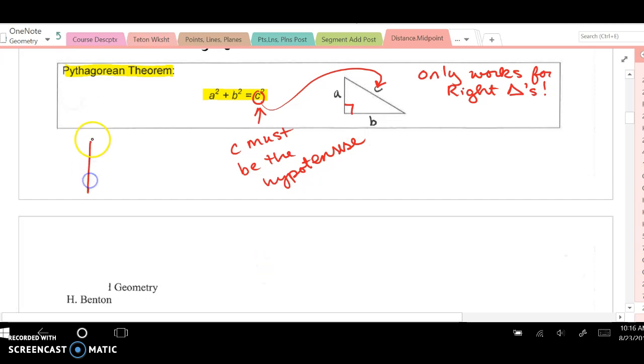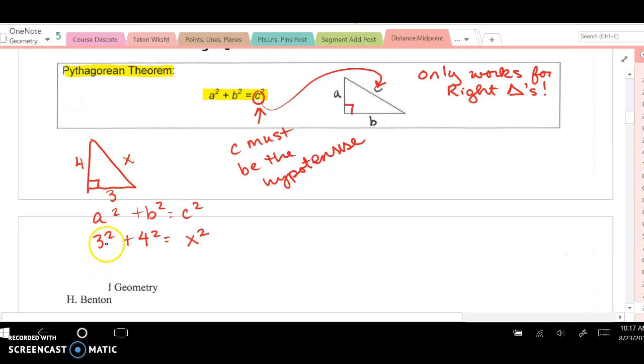Let me give you a quick review here. If you have 3 and 4 and this is x, in pre-algebra you said a squared plus b squared equals c squared. So you said 3 squared plus 4 squared equals x squared. You put 3 and 4 in for a and b, and you put the hypotenuse x in for c.